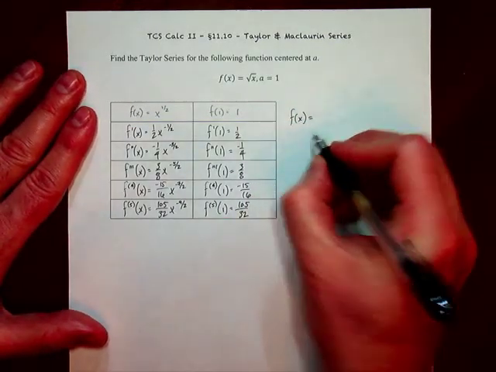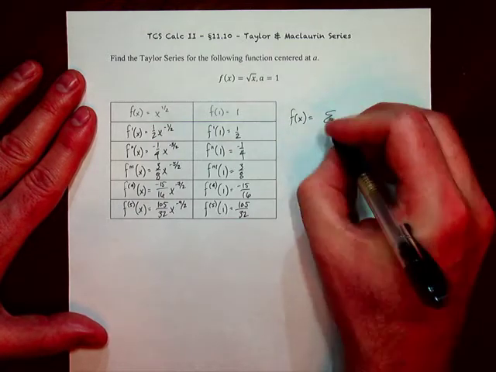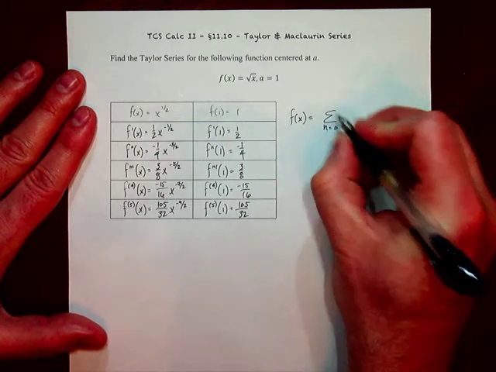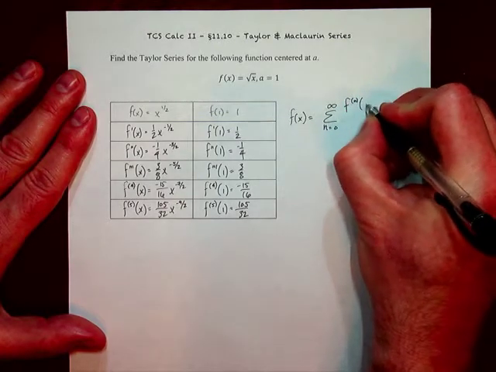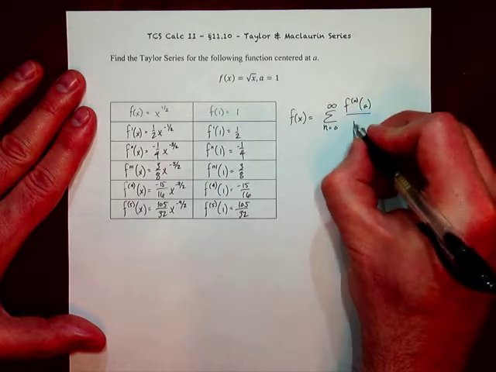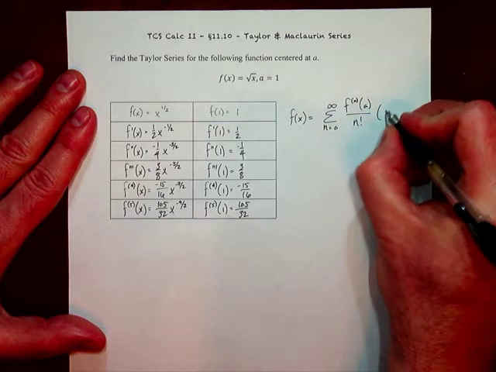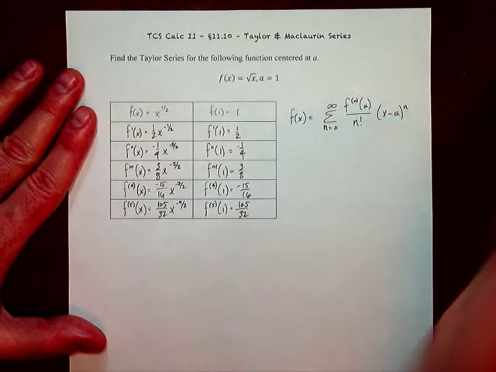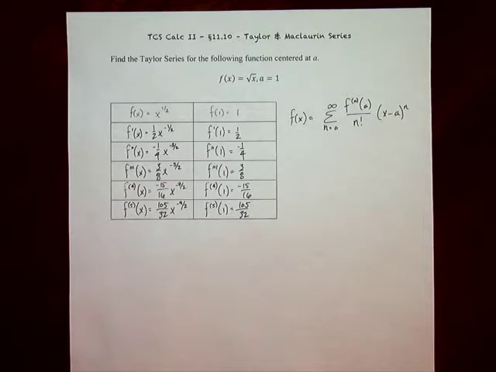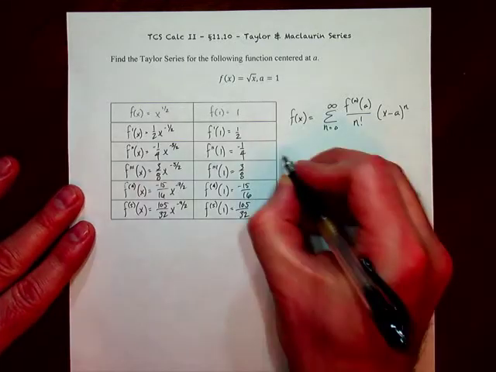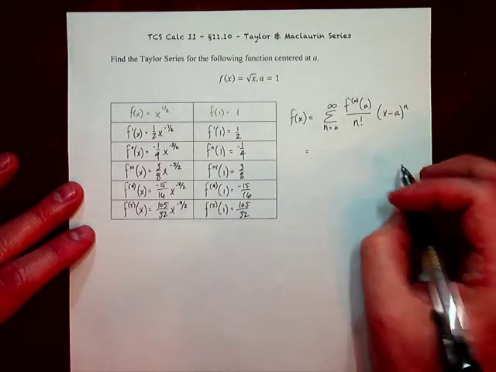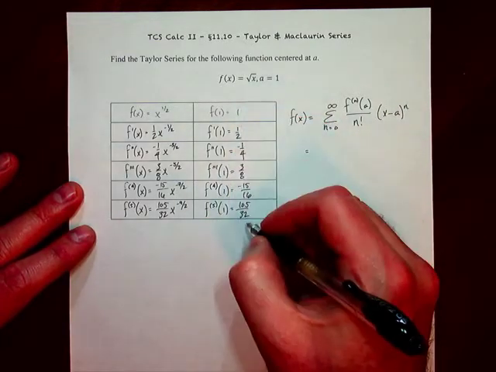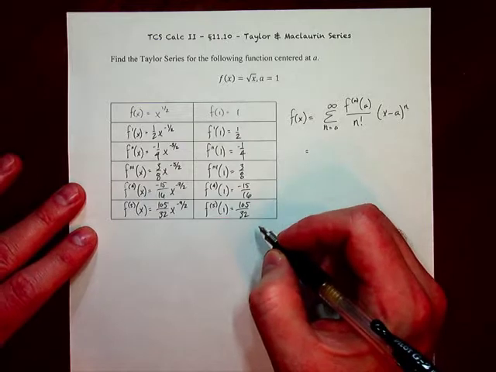So f of x is equal to, remember that we're dealing with n equal to 0 to infinity of the nth derivative at a over n factorial, and then x minus a to the n. All right. Now, if we actually lay those terms out, remember, all of these are going to be numerators over the factorial.